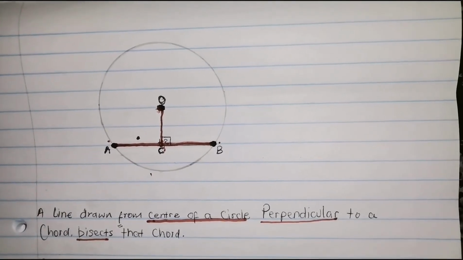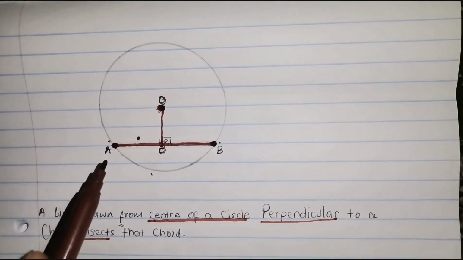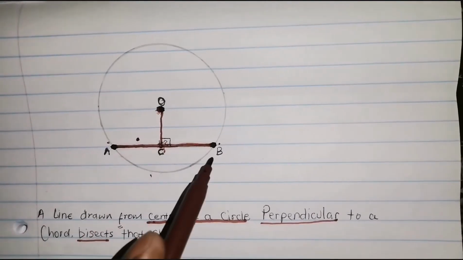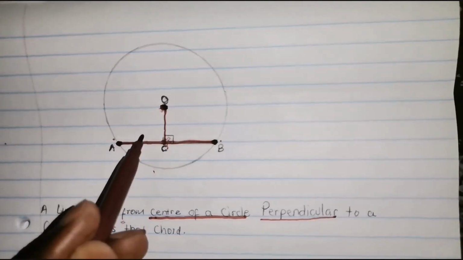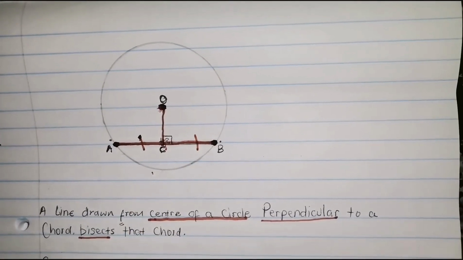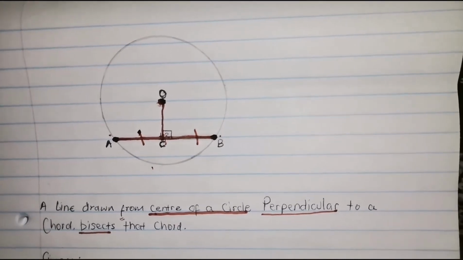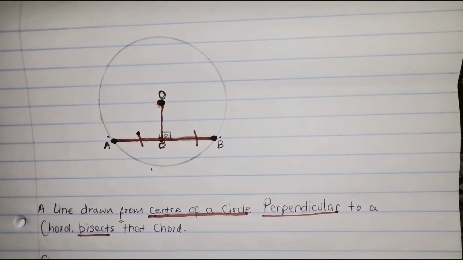When you talk about bisection, it means the parts of the chord bisect one another, meaning AC is equal to CB. That is the concept of lines that bisect one another.